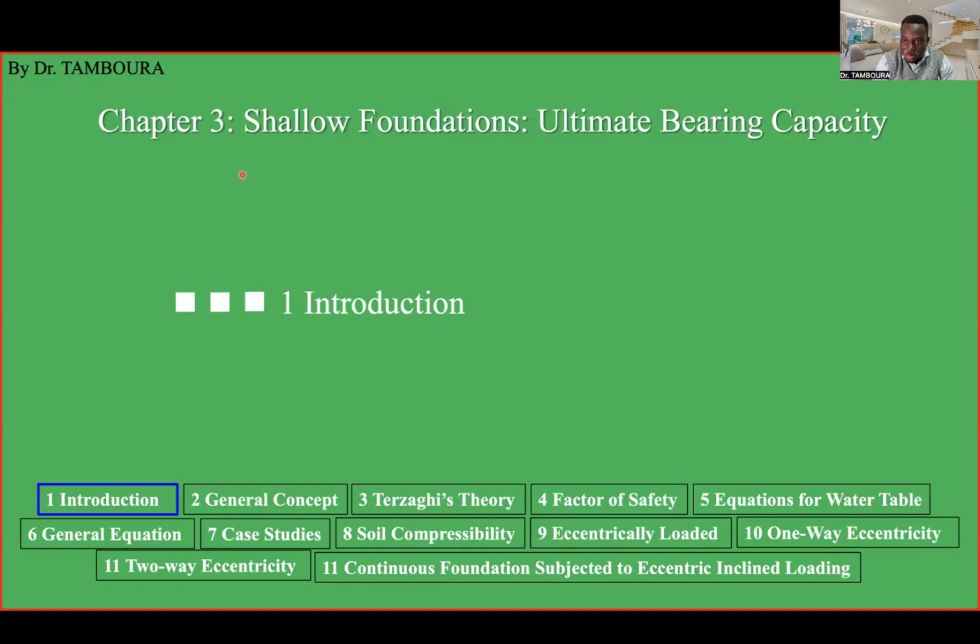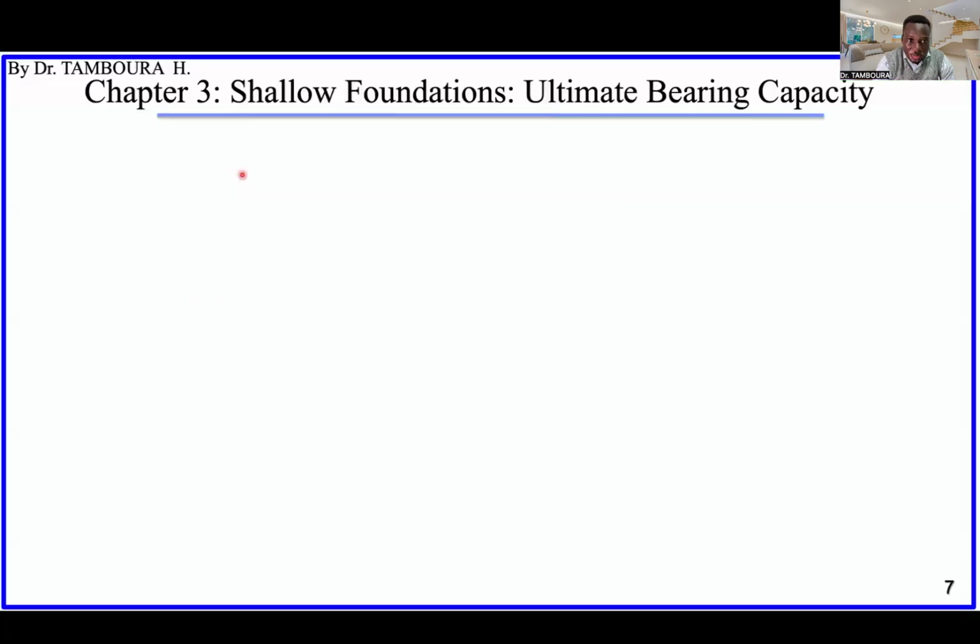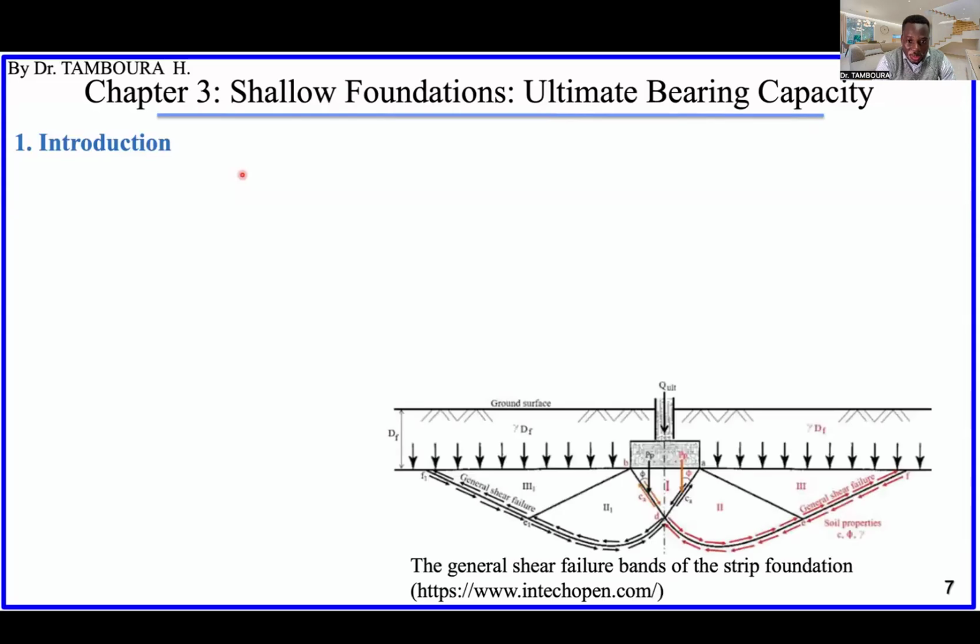Let's look at the history of this ultimate bearing capacity, how everything started. If we check this footing, we can see the footing resting on the soil, and this is the overburden, the surcharge.